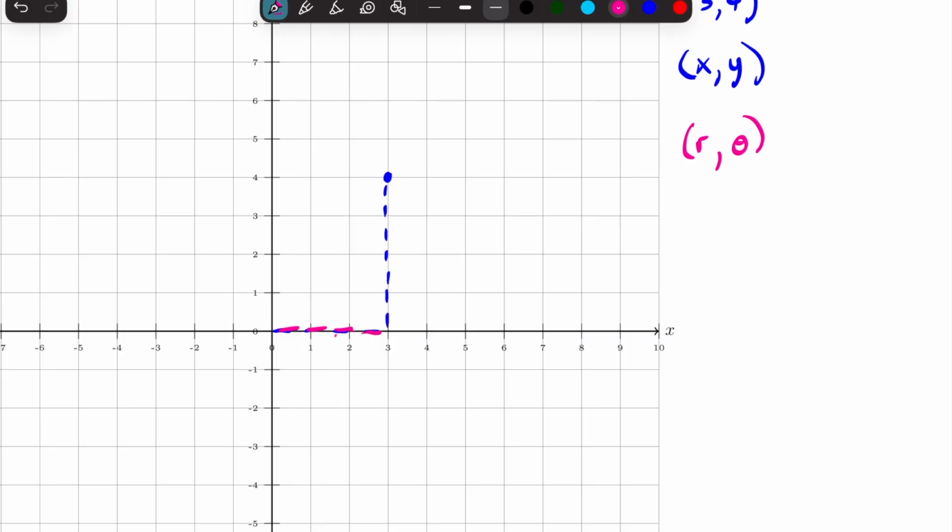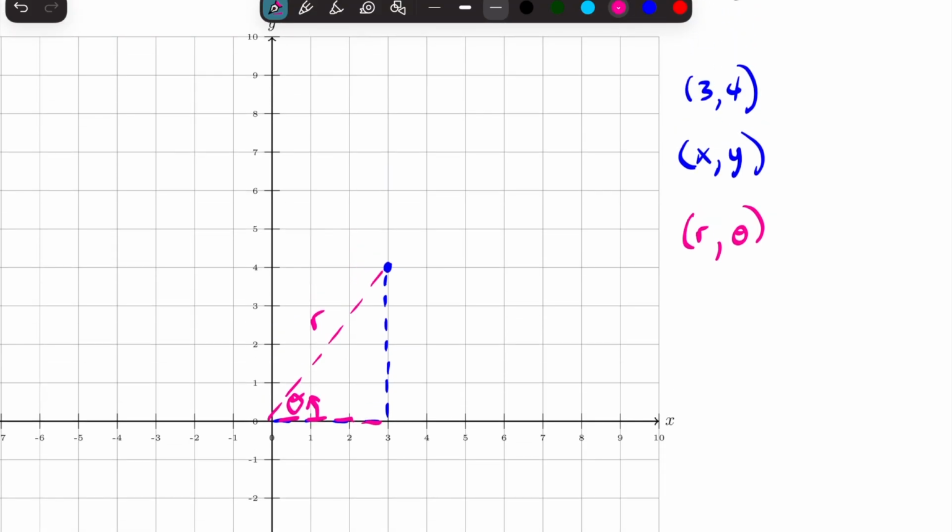So this is where we're starting our measurement, and a positive angle is measured counterclockwise. So I would say, hey, go to this angle, theta, and go a distance of r, and that'll get you to the same party. So we'll talk about how to convert from the Cartesian version, the 3, 4, into what r and theta should be, but we're going to establish a little vocabulary first.